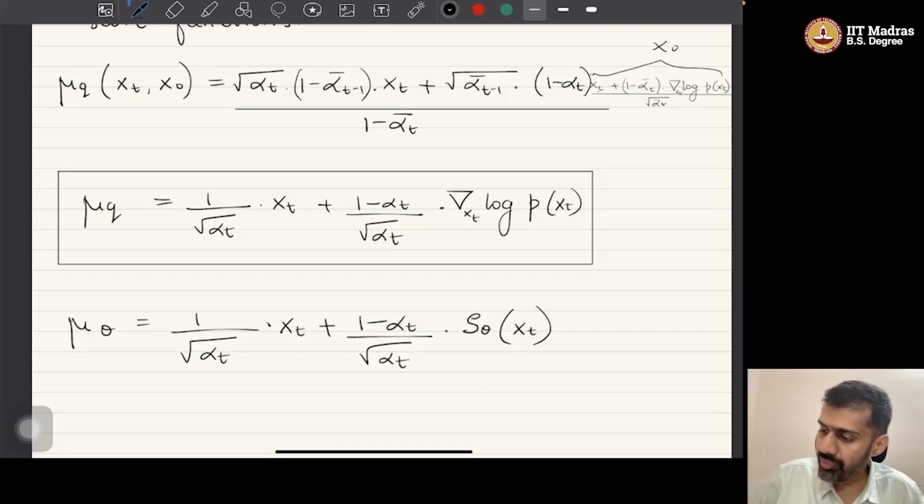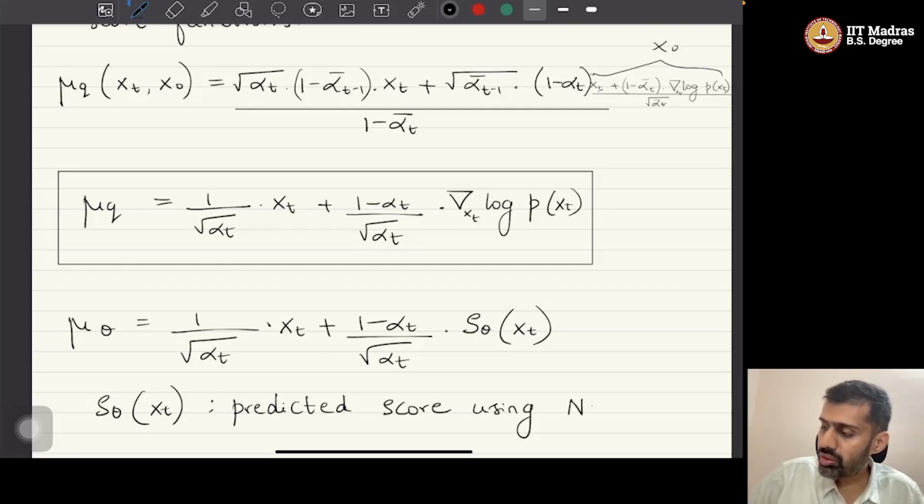So now where s theta of xt is the predicted score using neural networks. So this is another interpretation.